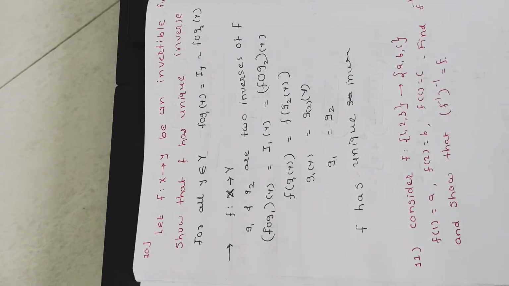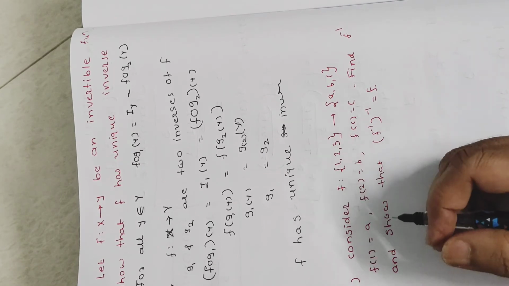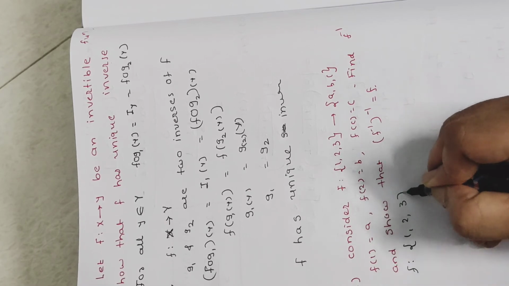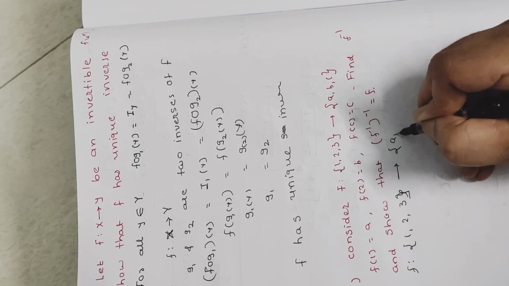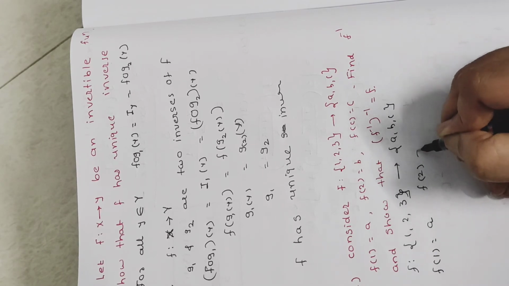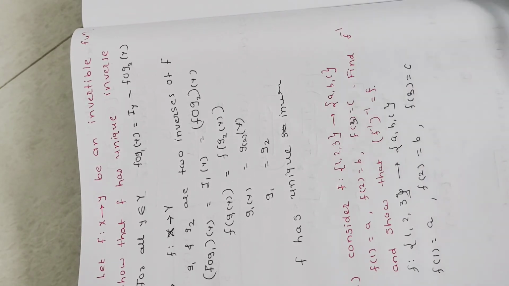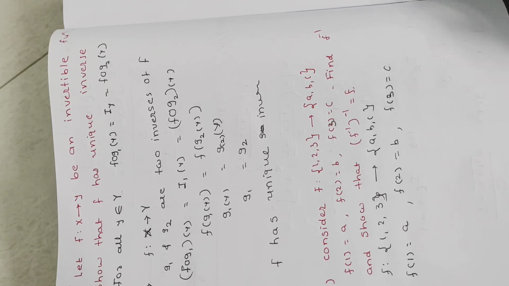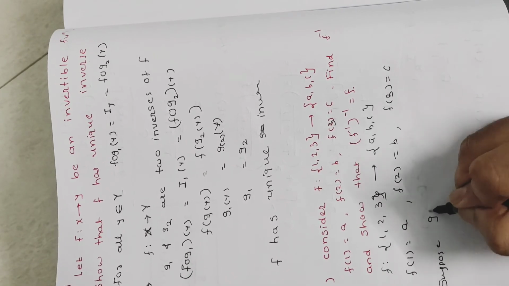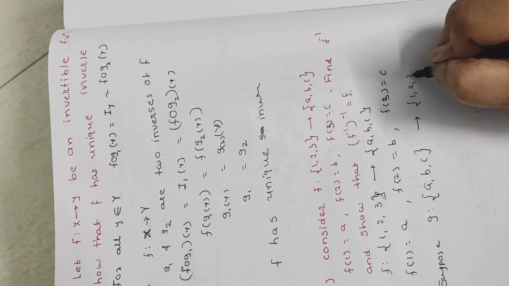Here now we have to find the inverse. Here it is given that f is from {1, 2, 3} to {A, B, C}, and f(1) is equal to A, f(2) is equal to B, and f(3) is equal to C. So first, suppose g is from {A, B, C} to {1, 2, 3}.